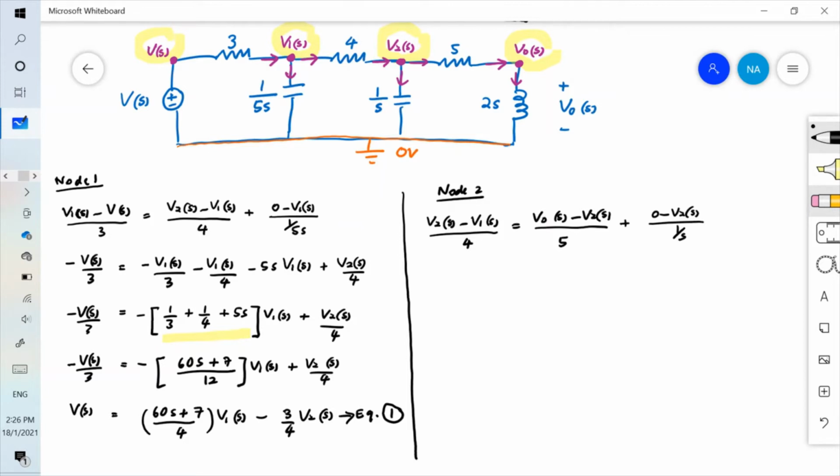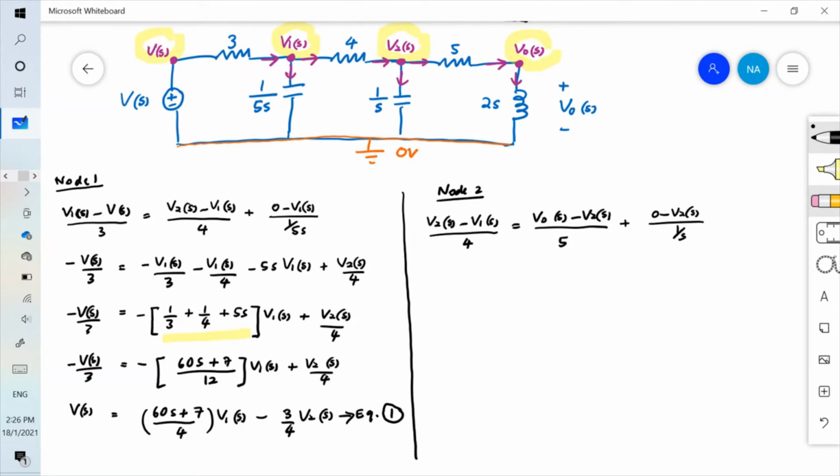Okay, so now try to put the common terms together. Okay, so since we don't have VS term for this second node, meaning that your left hand term should be no VS, so it will just become 0.